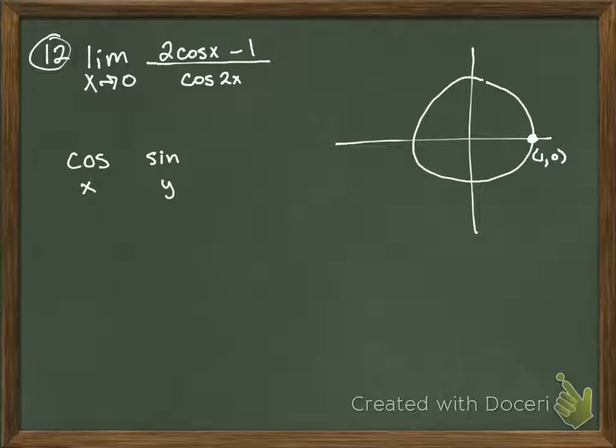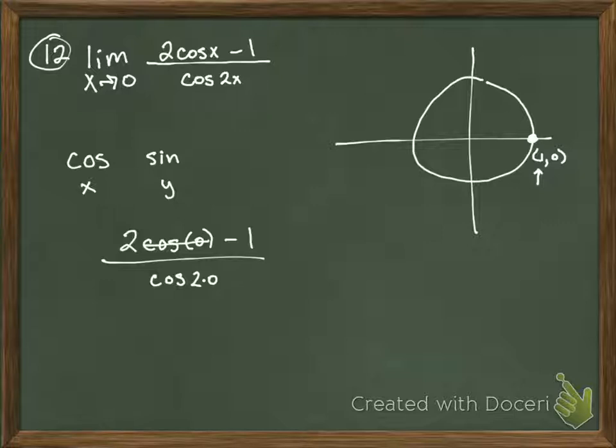Okay, so I'm trying to plug in 0. 2 cosine of 0. I'm going to my rule that I made up. Okay. So what's the cosine of 0? What's the x value at 0? Are you cussing your x, right? 1.